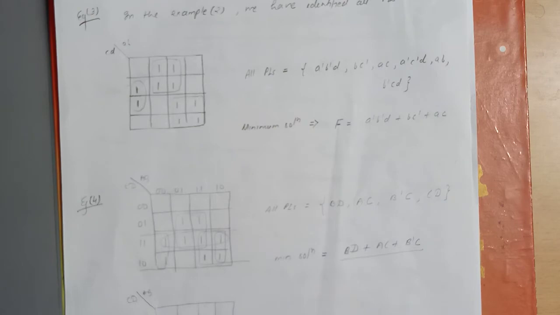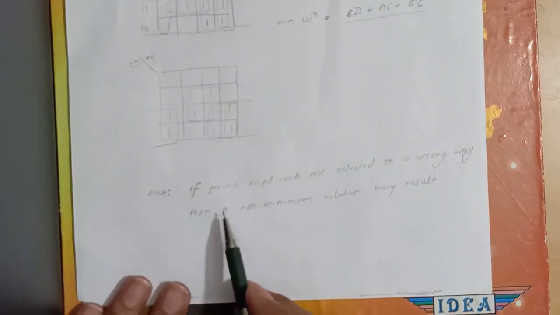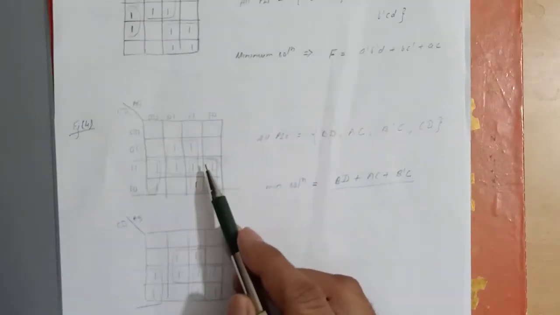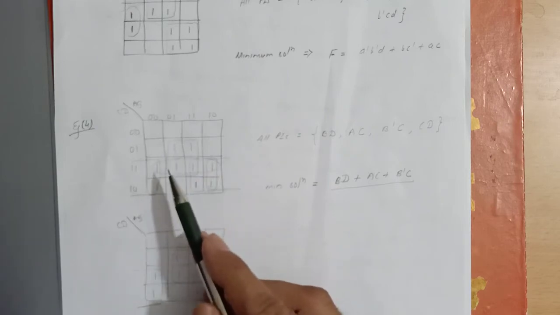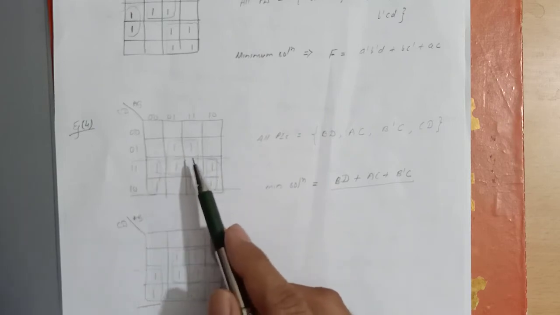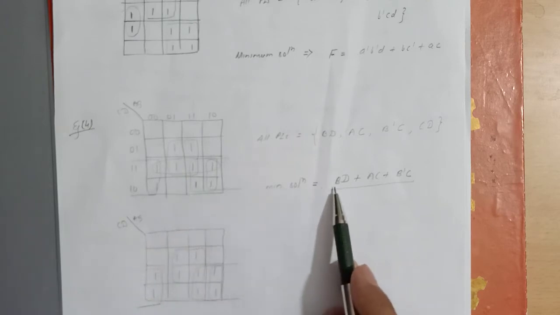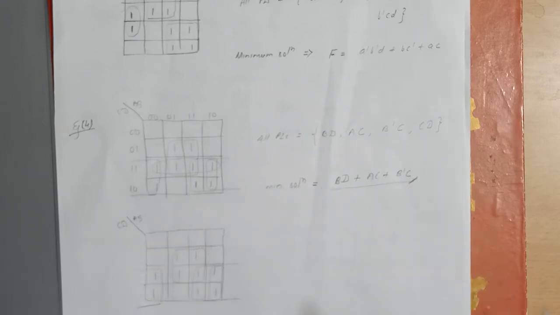So in order to make a systematic procedure, we have to define some other terms also. We should also note that if prime implicants are selected in the wrong way, then a non-minimum solution may result. In this example, if we select a different prime implicant, we may wrongly select 4 terms, but the minimum solution can be obtained using 3 terms.